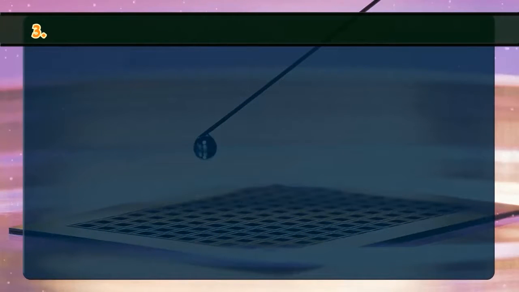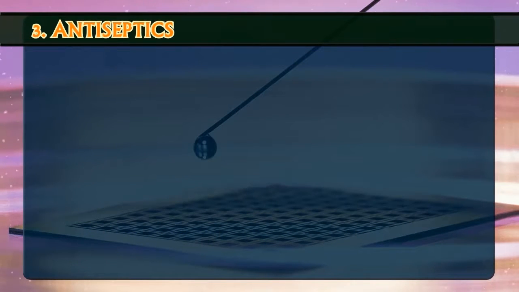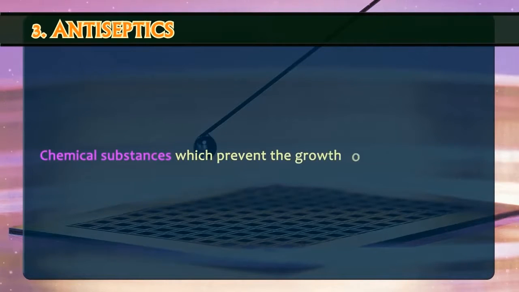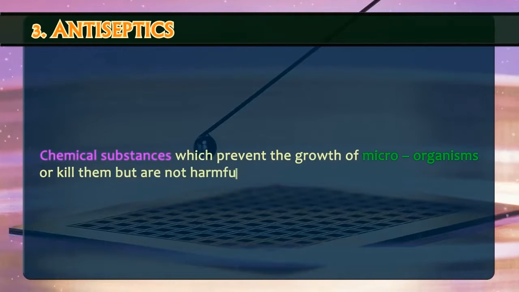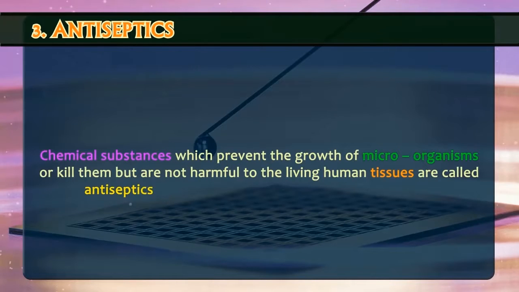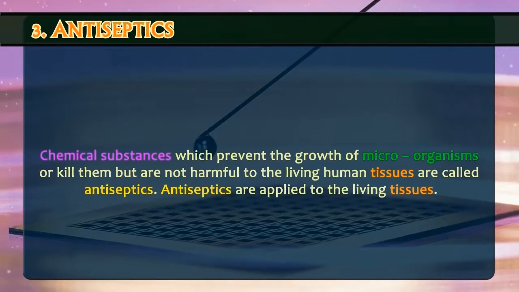3. Antiseptics. Chemical substances which prevent the growth of microorganisms or kill them, but are not harmful to the living human tissues, are called antiseptics. Antiseptics are applied to the living tissues.